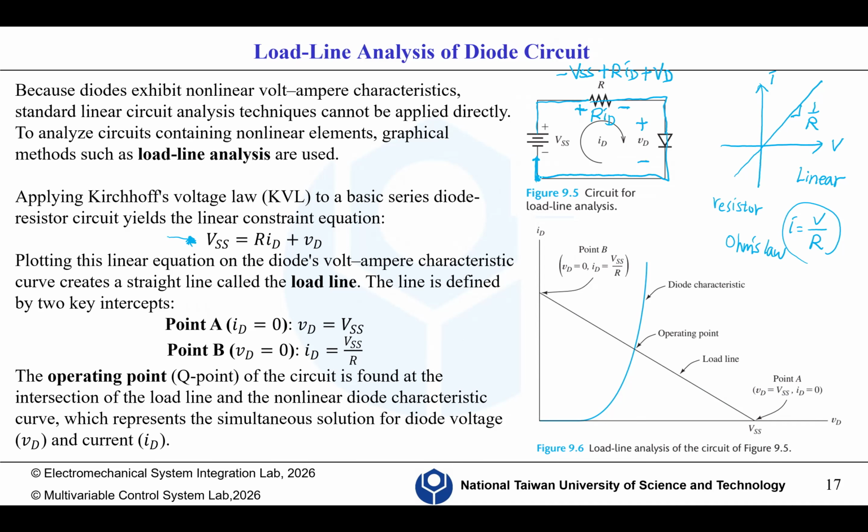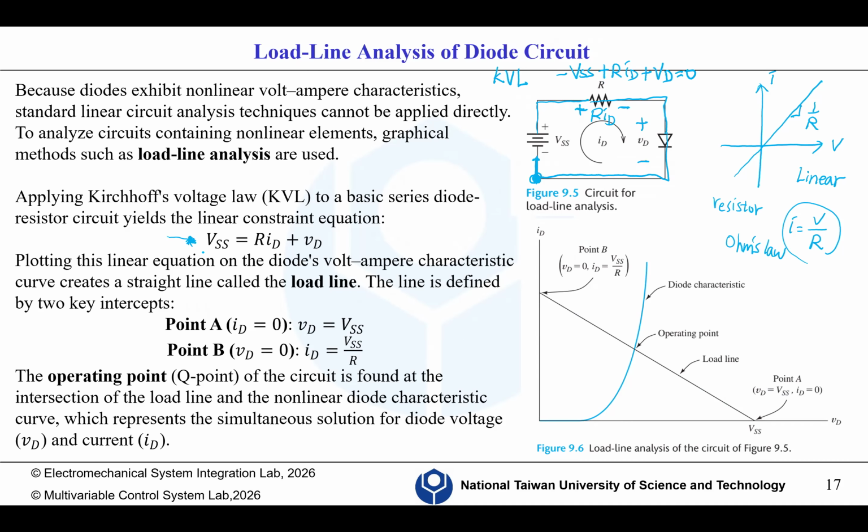So I go back to the same node. This is KVL, Kirchhoff's voltage law, and it equals zero. With some adjustment, you have VSS equals R times ID plus VD.